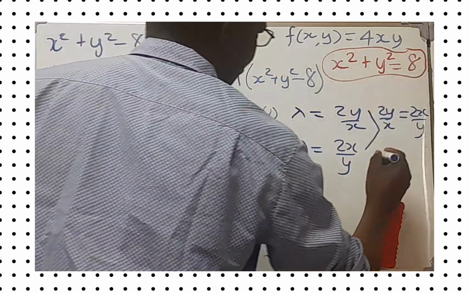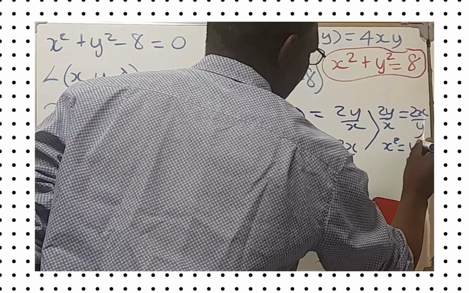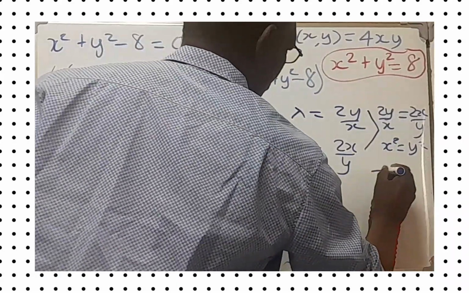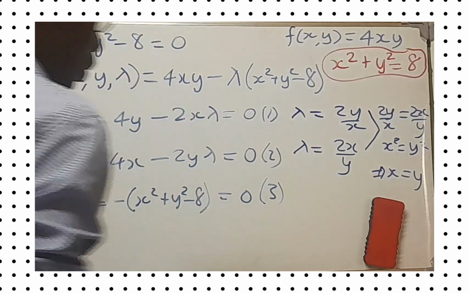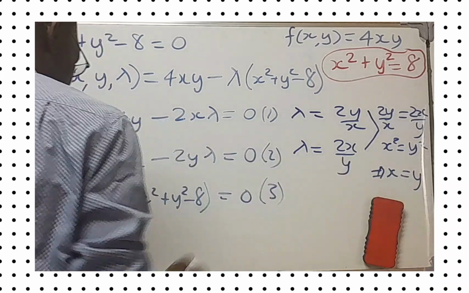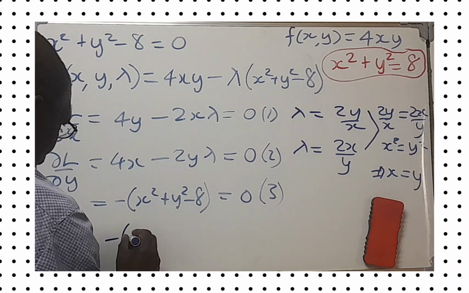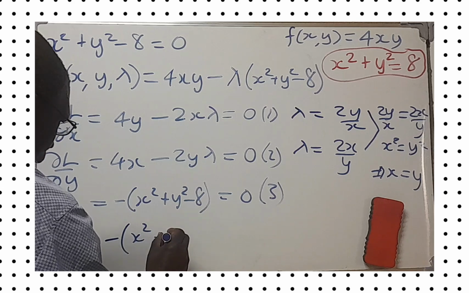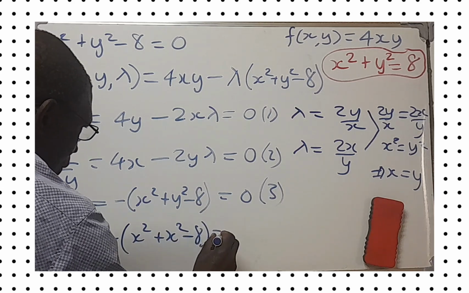Cross multiplying, it means x squared is equal to y squared, which of course means that x is equal to y. Now we can come down here to our constraint and replace our y with an x. So we can write here minus brackets x squared plus x squared minus 8 is equal to 0.